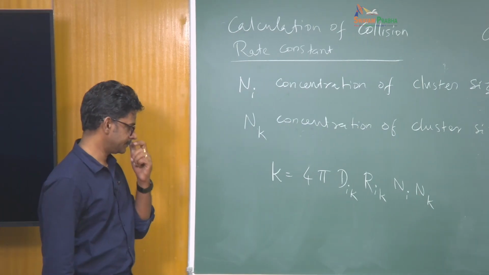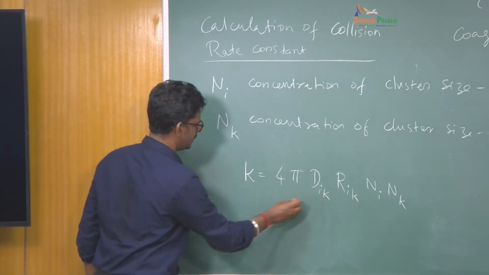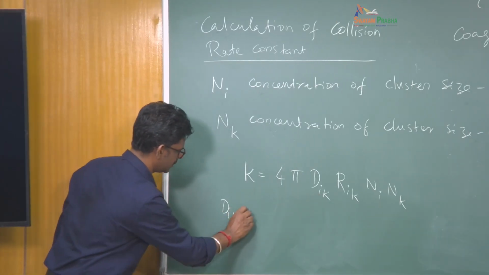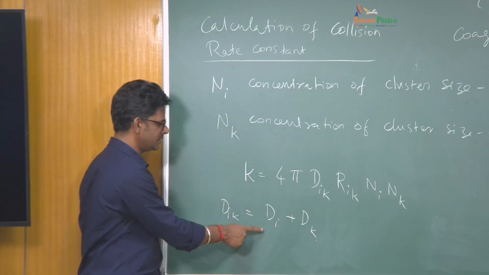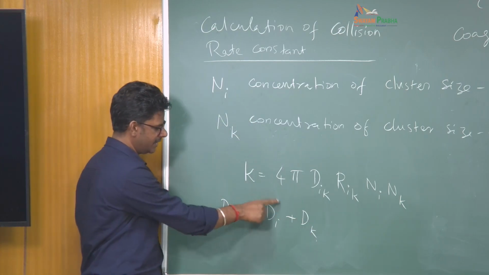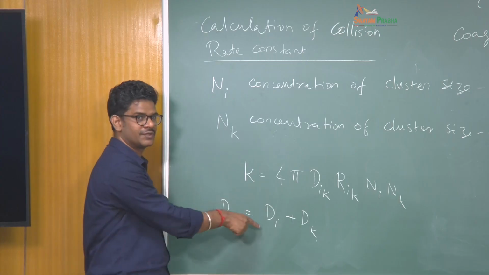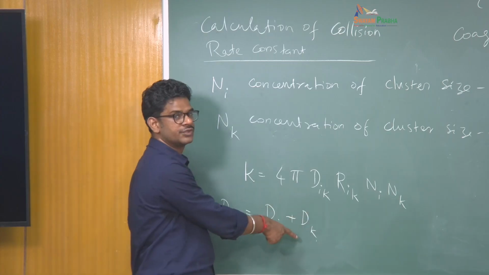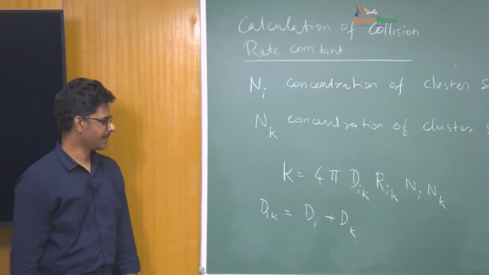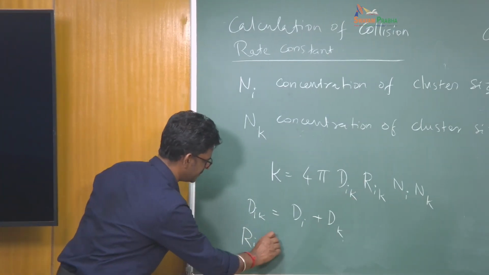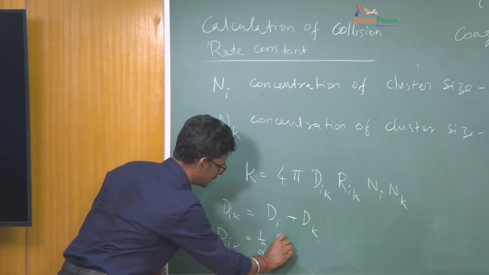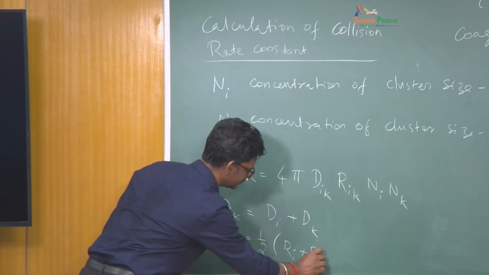Like this, where this Dik is basically the sum of the diffusion coefficients Di and Dk. So, what we are saying here is Di is the diffusion coefficient of a cluster of size i, Dk is the diffusion coefficient for a cluster of size k, and similarly this Rik is basically the average of Ri plus Rk.